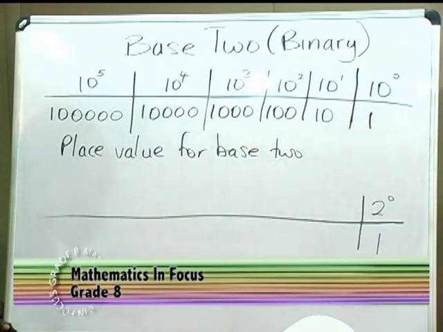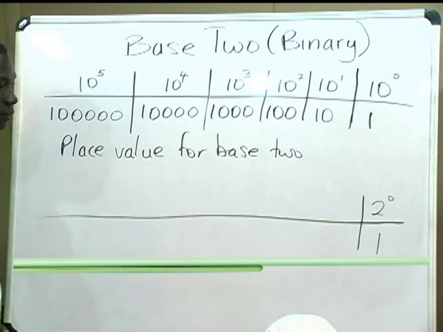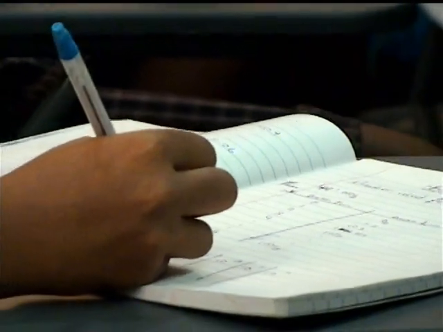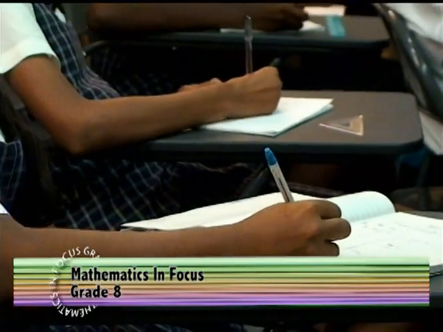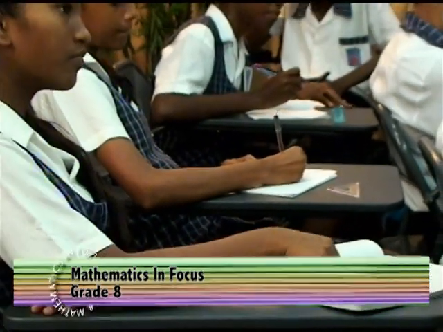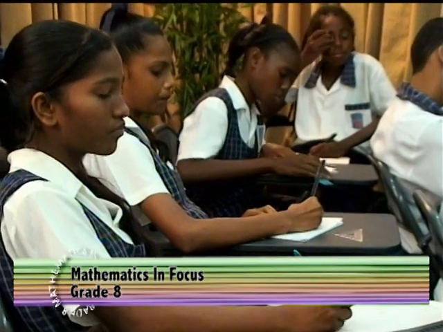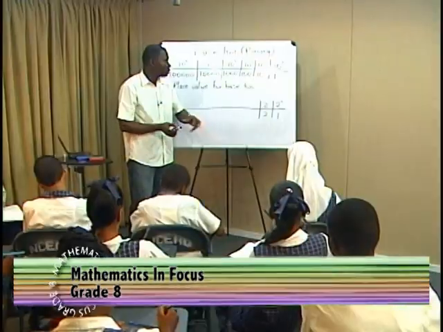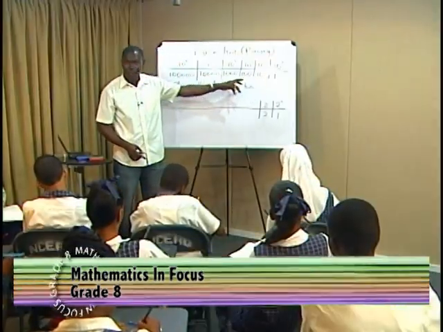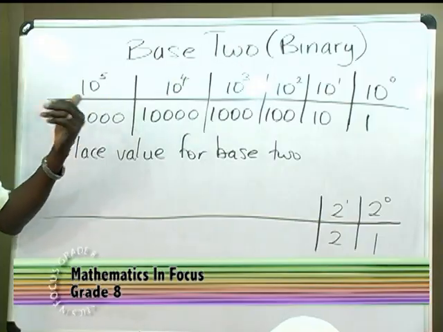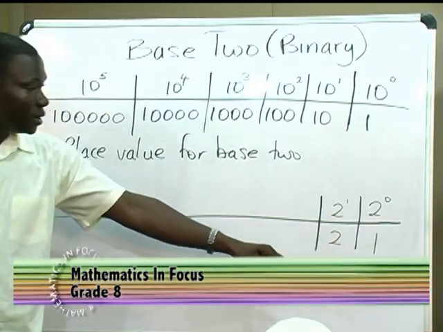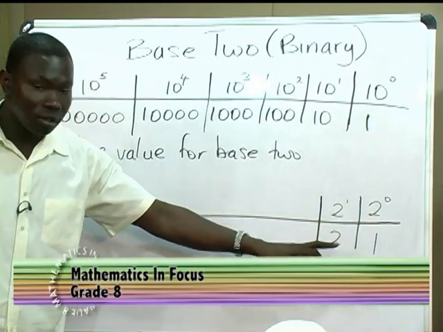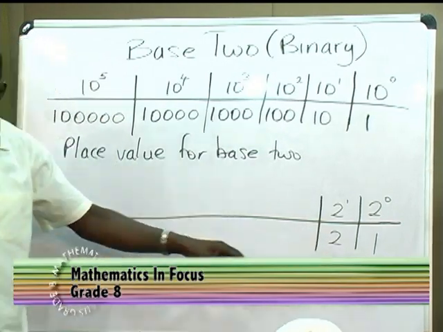Which will be the next place value? 10. We're dealing with base 2. 2 to the first, which is 2 itself. Just remember how we were going when it was base 10: 1, 10, 100, so we were multiplying by 10 all the way. So we start with 1, this is base 2 now. So we start with 1 and it will be 2 ones, 2. What will be the next one?